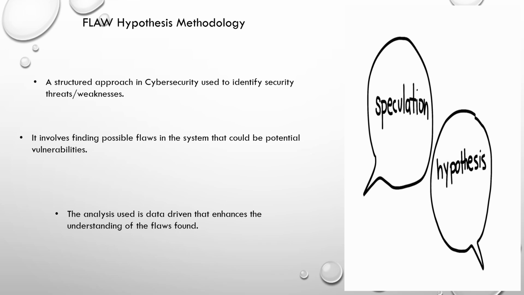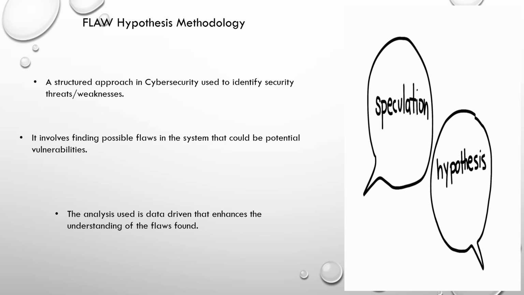Flaw hypothesis methodology is a structured approach in cybersecurity used to identify security threats and weaknesses. It involves finding a possible flaw in the system that could possibly be exploited.